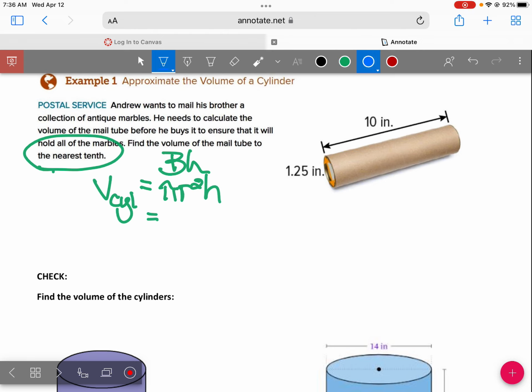So we are going to say pi times my radius. From this picture, it wasn't absolutely clear to me what the radius was. Looking at the picture, would you say the radius is 1.25 or the diameter is 1.25?